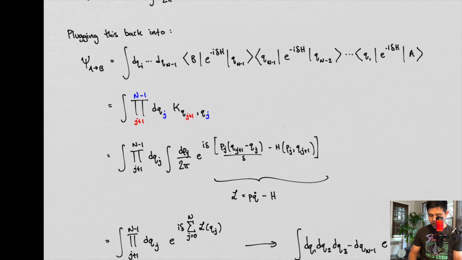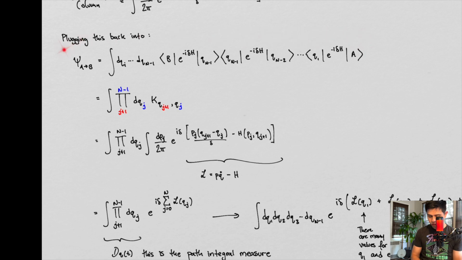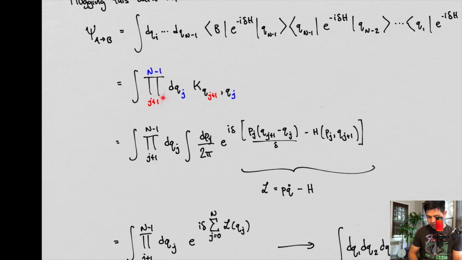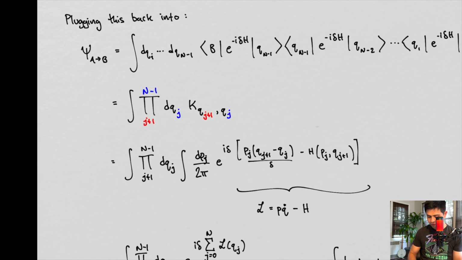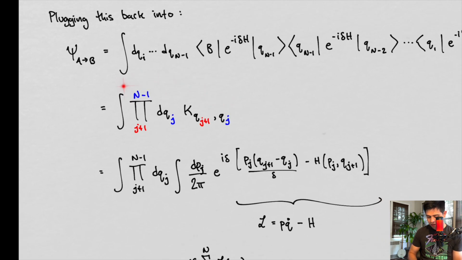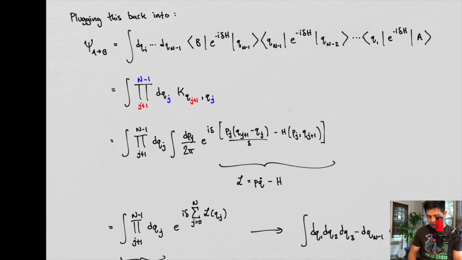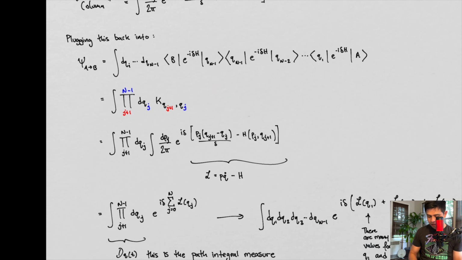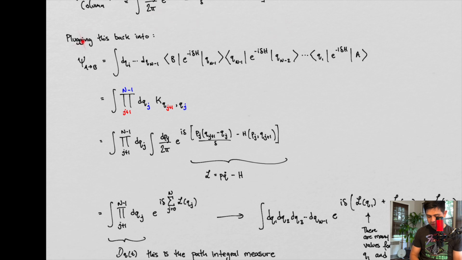And so plugging this back into our original equation, we get this. I've highlighted a few terms where the j plus 1's and the j's are, right here and right here, and our n minus 1's I also placed in blue for no real apparent reason. This color coding just helps the eye organize things a little better. But anyway, we came to this before.